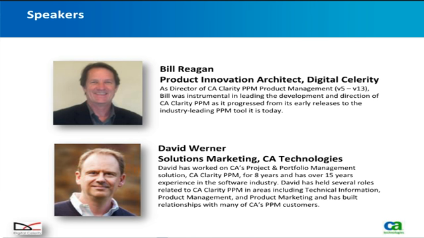And during that time, specifically around the V13 release, is when CA, or at least the Clarity division of CA, went from a more traditional project management approach to an Agile approach. So that's the story I'm going to be telling today.